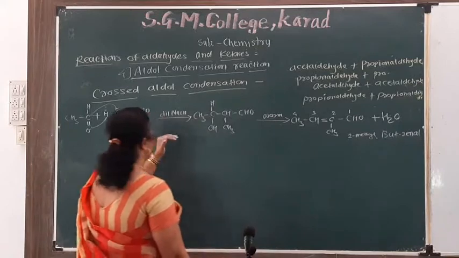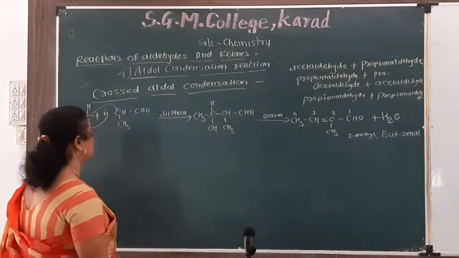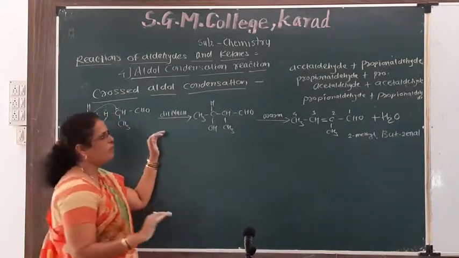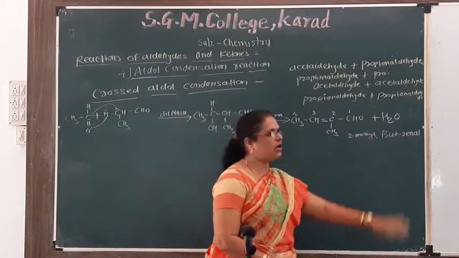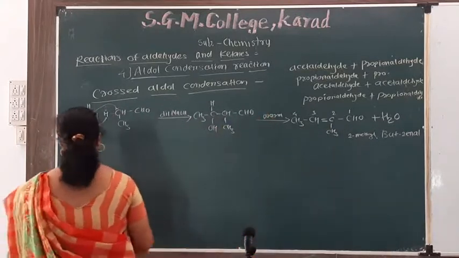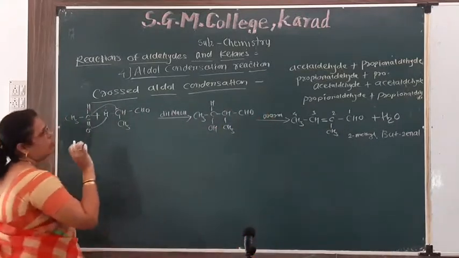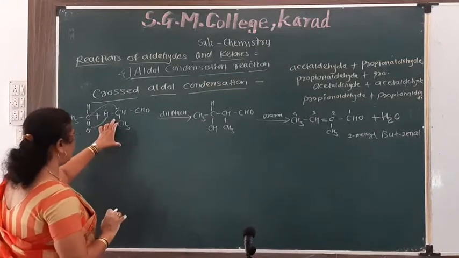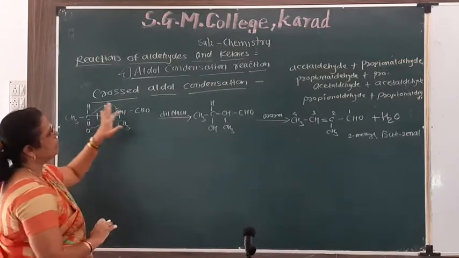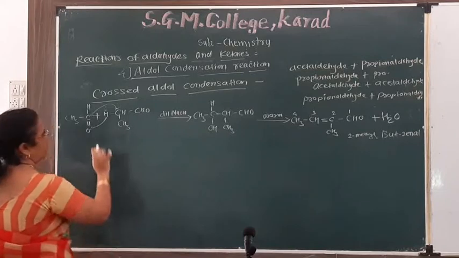This is the first reaction. Four products are formed. This is the first product. Then the second product. In the second product, we take first propanaldehyde and then acetaldehyde.